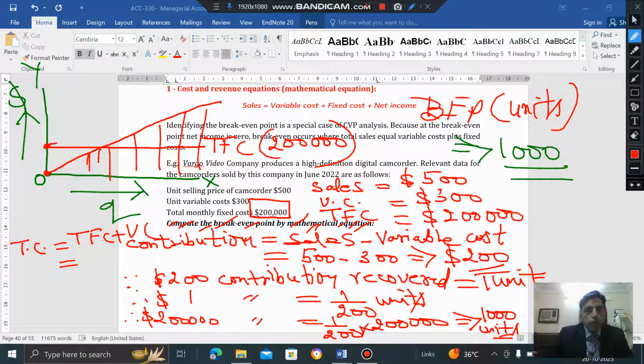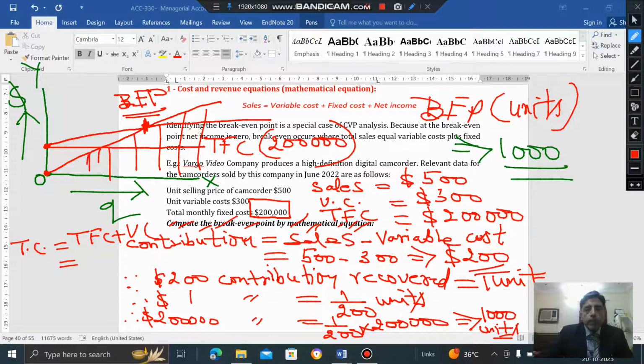So the total cost will be moving upward like this. And this point which I have calculated is known as the break-even point in terms of units, where the company is neither earning any profit nor bearing any loss. So that is the concept of the break-even point.